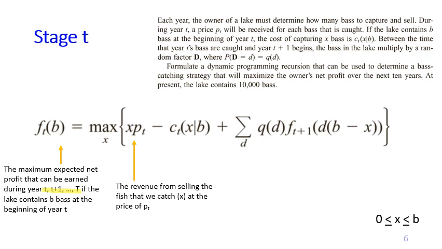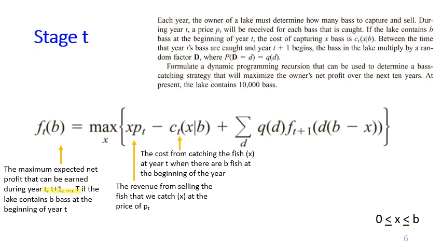So x is the fish we catch and pt is the price of fish in year t. We sell those fish, so we get the revenue of x times pt. We also experience the cost from catching the fish, which depends upon how many fish we have at the beginning of the year, so we experience the cost ct(x given b).